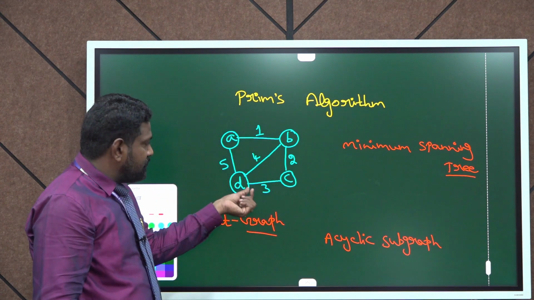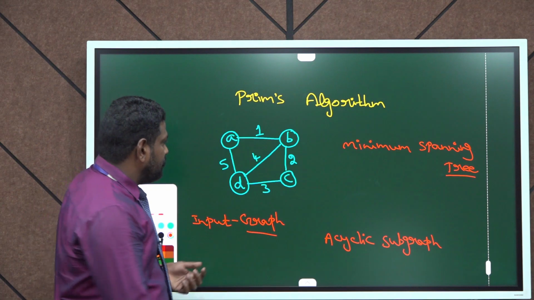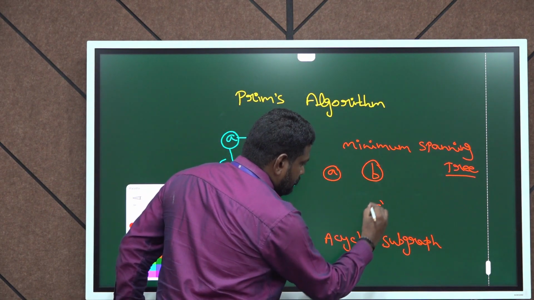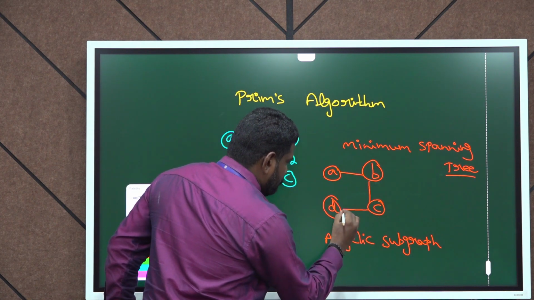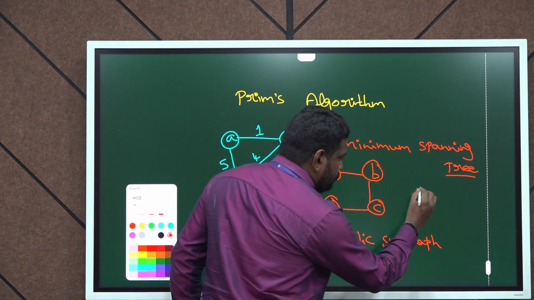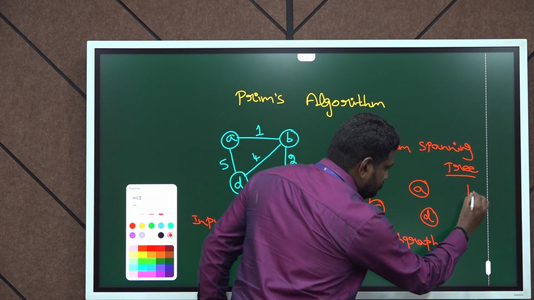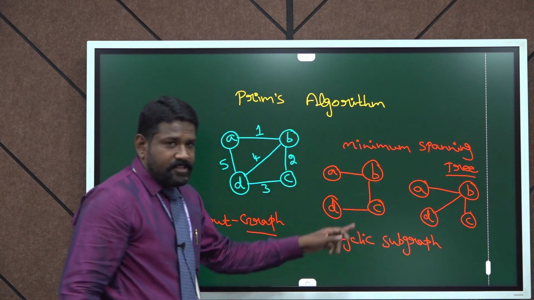For example, for this one graph, n number of spanning trees are possible. Like we can draw this one possible spanning tree. Likewise we can have another spanning tree.